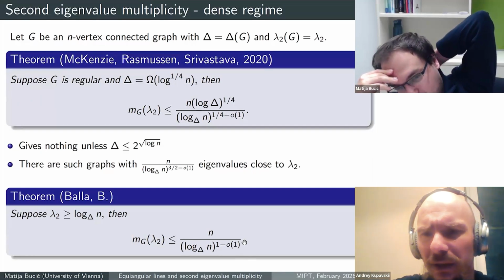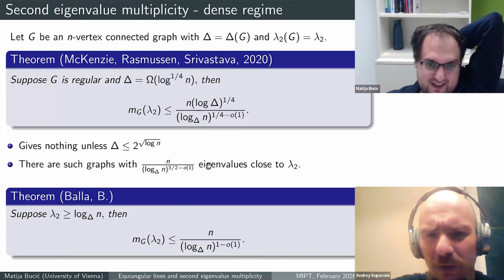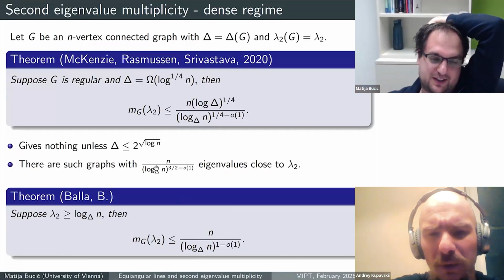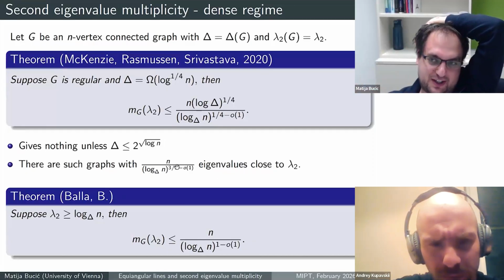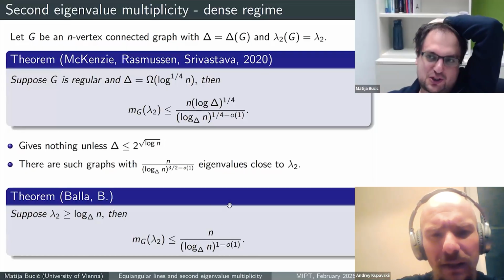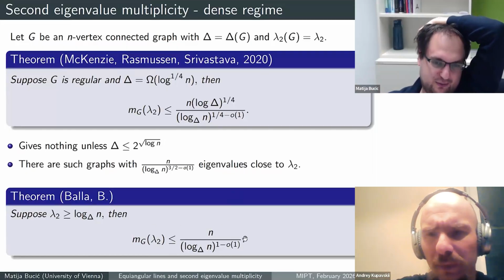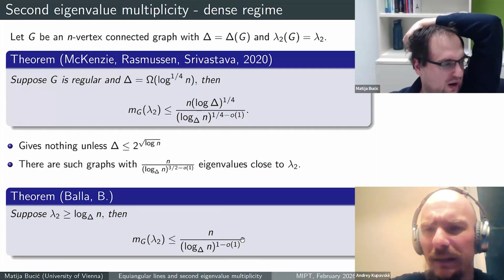It does work for this case. If you notice what it's showing here, it's n over log delta n to the 3/2, which is not contradictory to that. And this one will go through with eigenvalues which are close to it. There is one caveat.